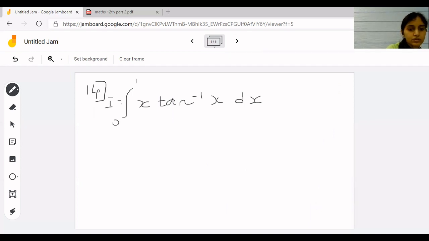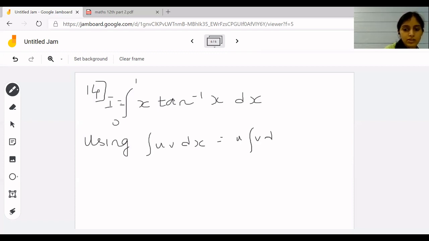Now we are going to use this function that we know from integration, that is integral u v dx. What is integral u v dx? U integral v dx, minus integration d by dx of u integral v dx, right? So let us use this for our I value.